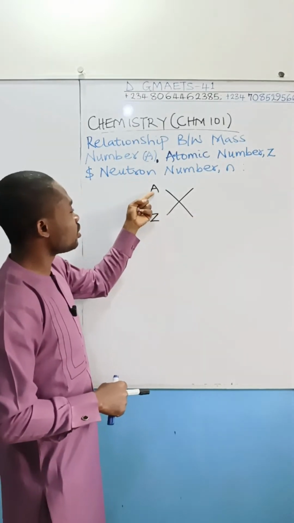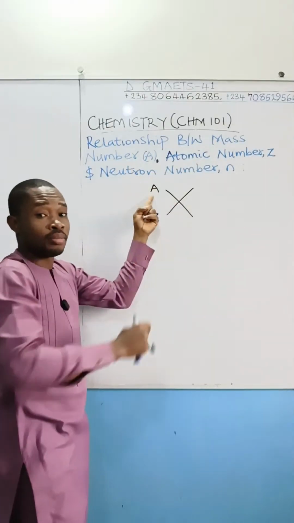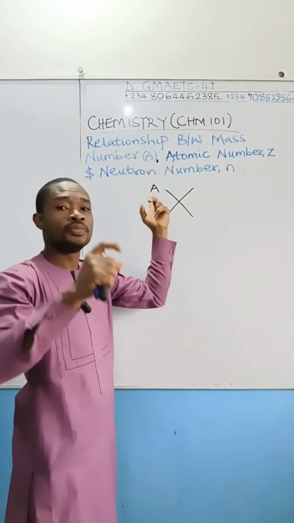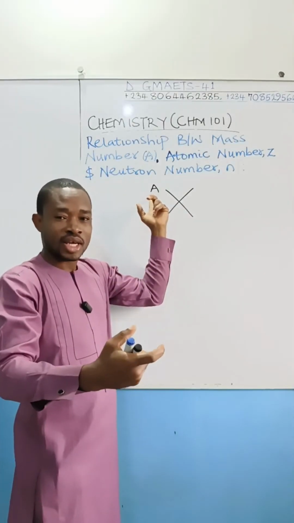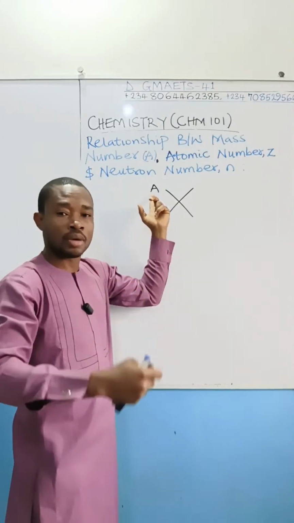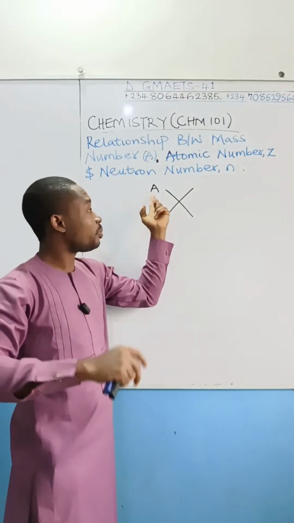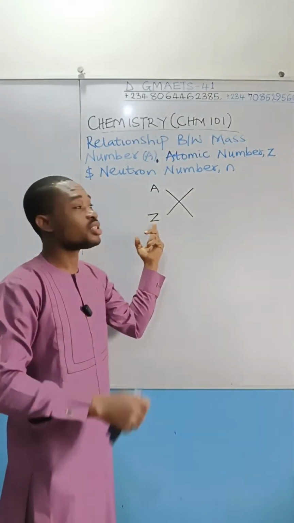Now this number written on top is called the mass number. You can see that, the mass number, which, like I told you, determines the weight of the atom. And it is made up of the proton number and the neutron number, the two nuclear particles. This Z here is called the atomic number.